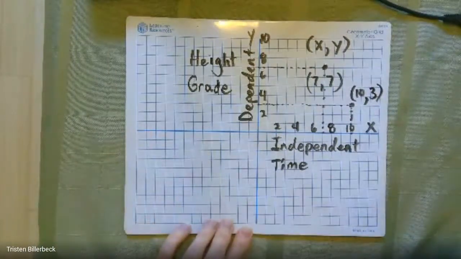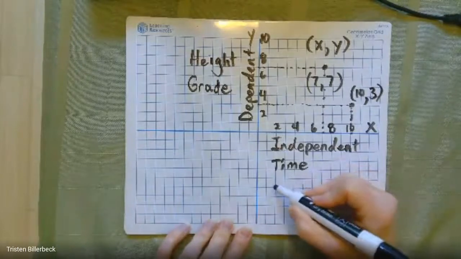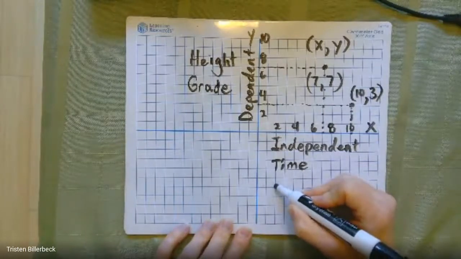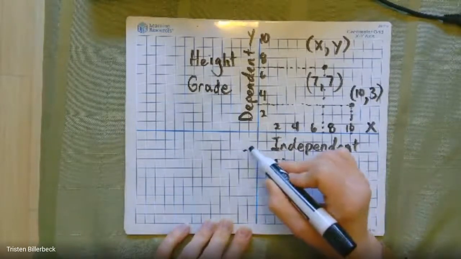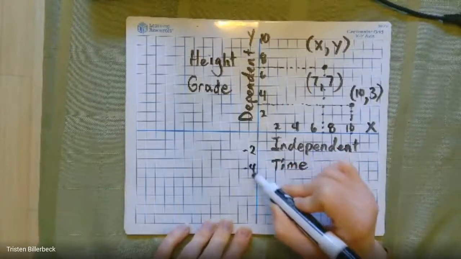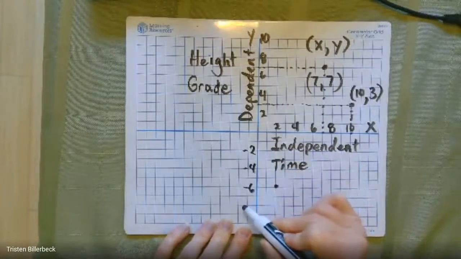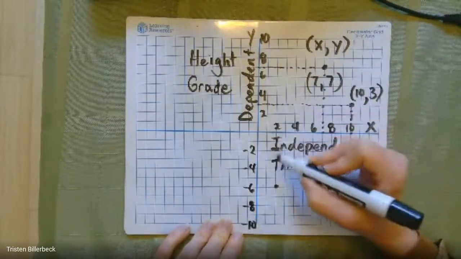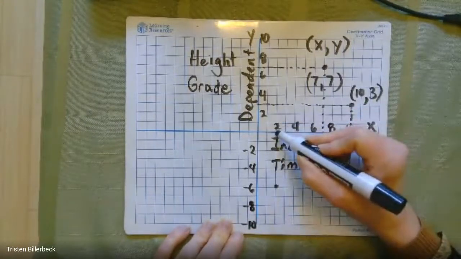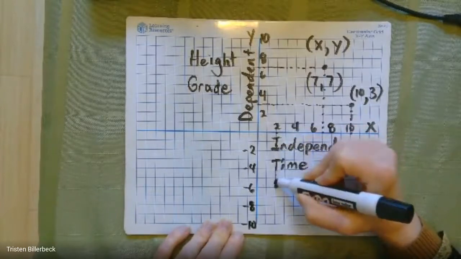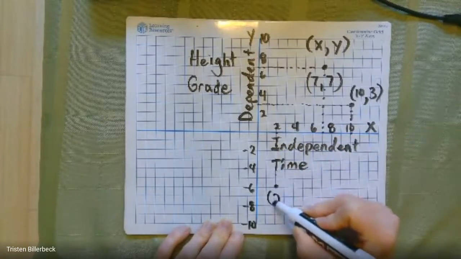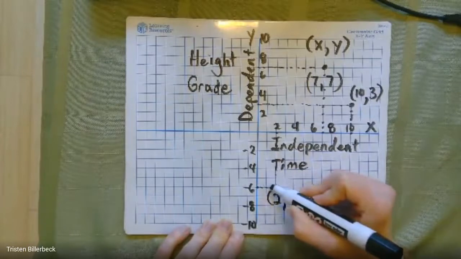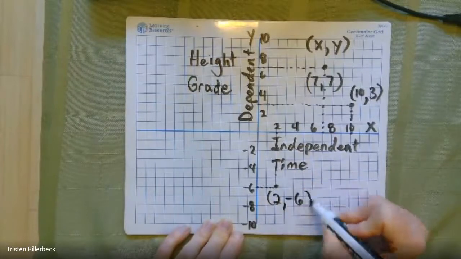If we choose a point down here, then this would be -2, -4, -6, -8, -10. We would have the x at 2 and the y at -6.